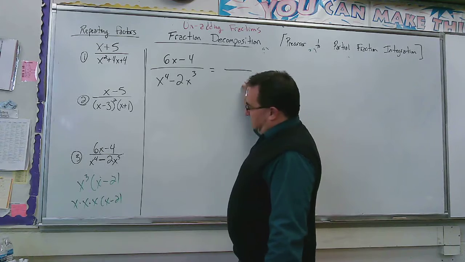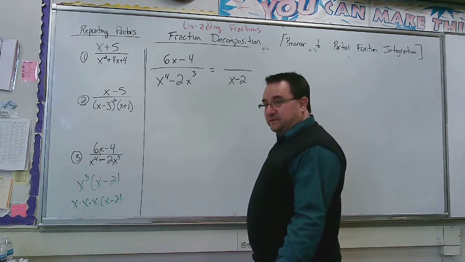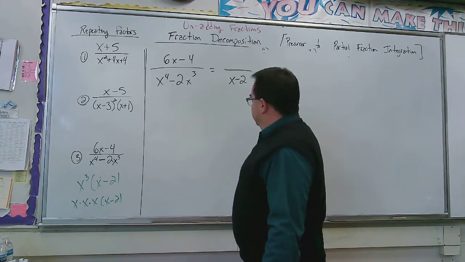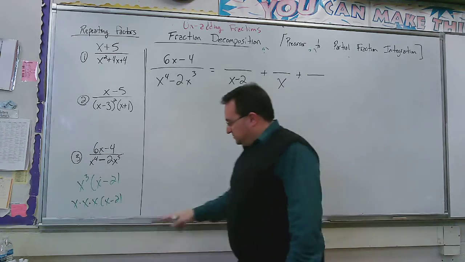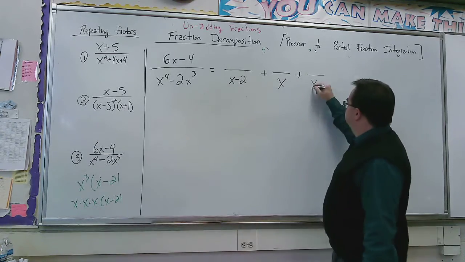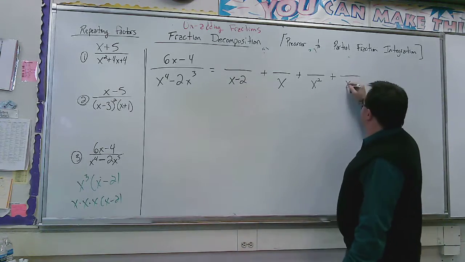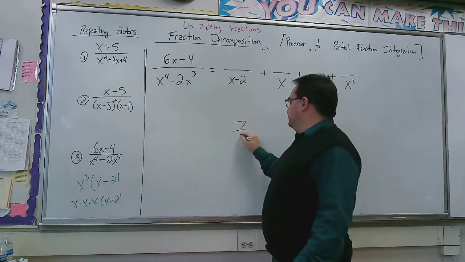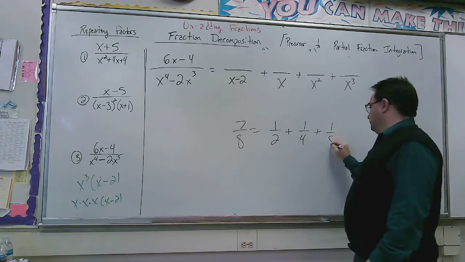So this is going to be, I'll take this one first. That's going to be in the mix. I'm going to have a fraction that has one of those 3, a fraction that has 2 of those 3, and a fraction that has all 3 of those 3. And that would be analogous to this problem right here. Right?